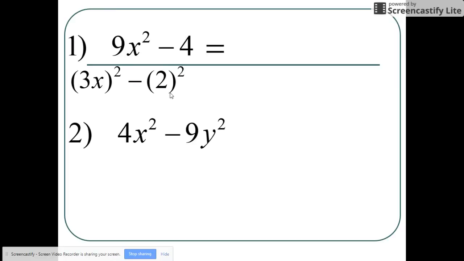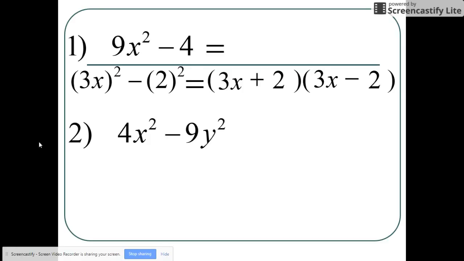So we've almost done the square root of them to get them out, okay? Now we have to change that into our a plus b, a take b. So this is what we do. We put our 3x on that side and on the other side. We stick our 2 on that side and we put our 2 on that side. And then we put a plus on the one and a take in the other. And you've answered your question. So we're actually doing the opposite of what we've done before. Okay, so let's look at it again.